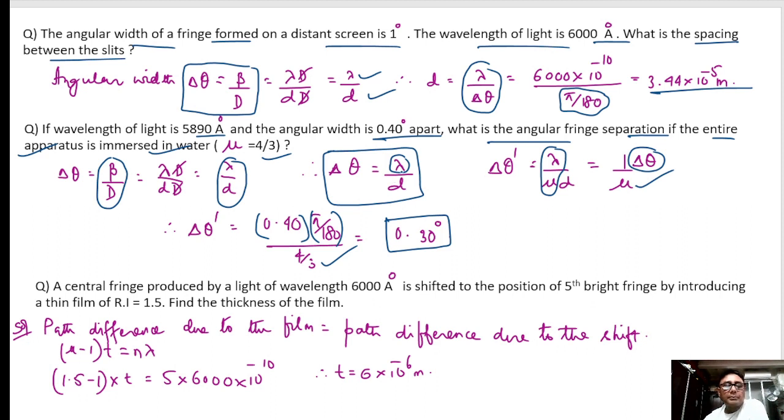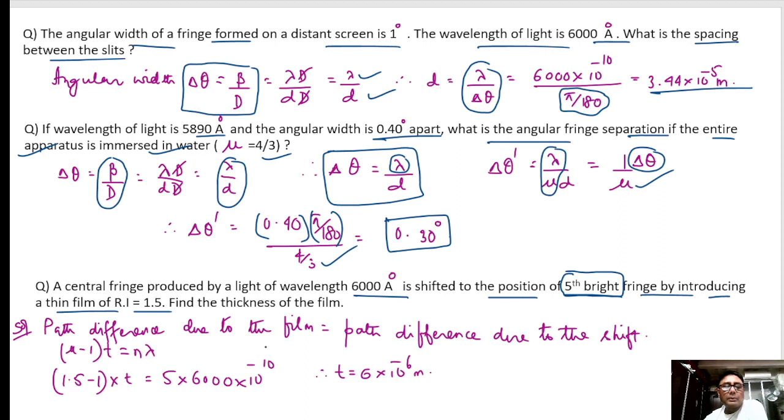Next is, as you can see from here, the central fringe produced by light of wavelength lambda is shifted to the 5th bright fringe by introducing a thin film. So this is the shifting, shifted to the 5th bright fringe.